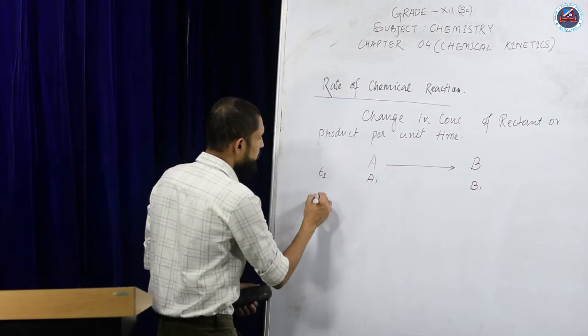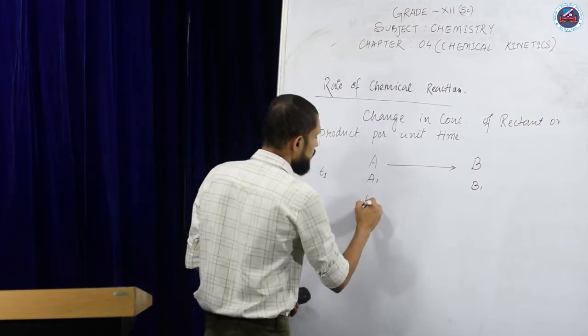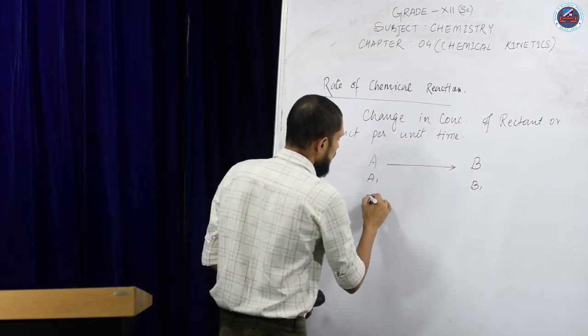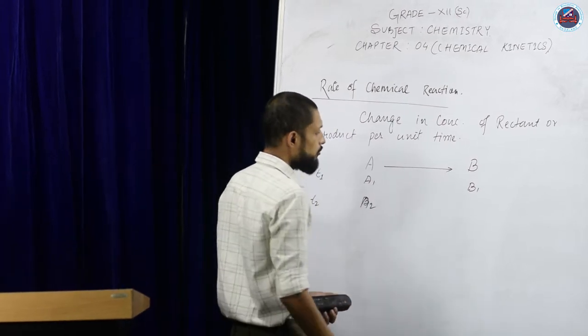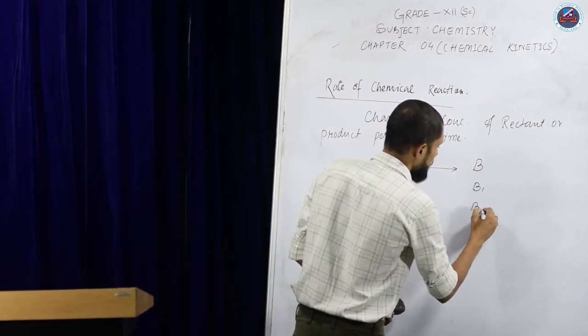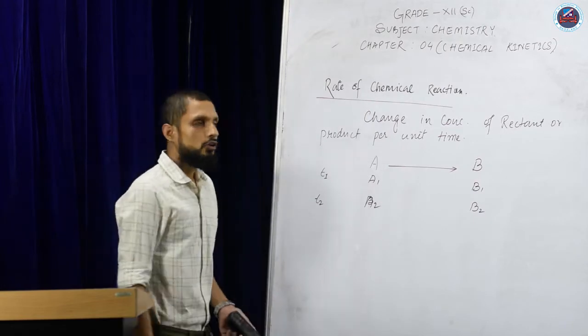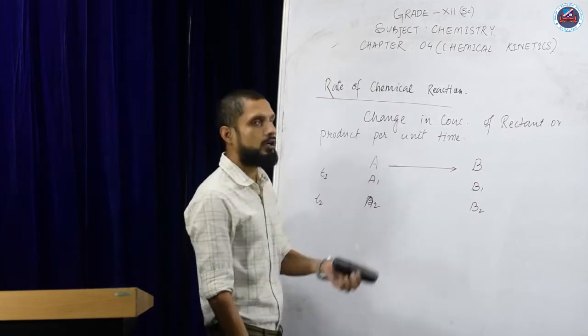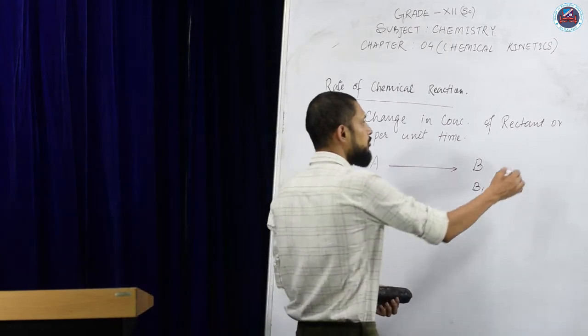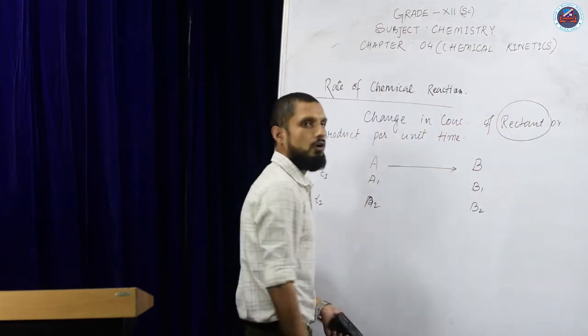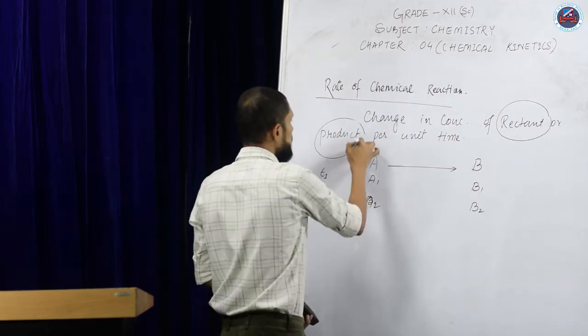At time say T2, concentration of reactant is A2, concentration of product is B2. So we can express the rate of chemical reaction either in terms of reactant or in terms of product.